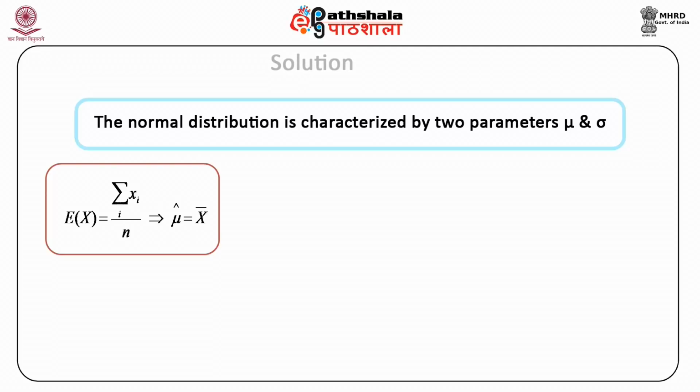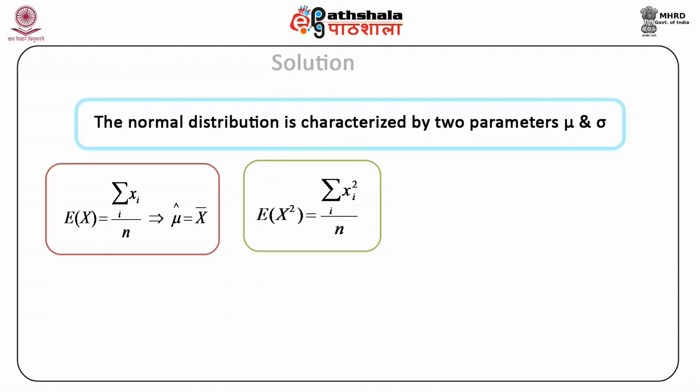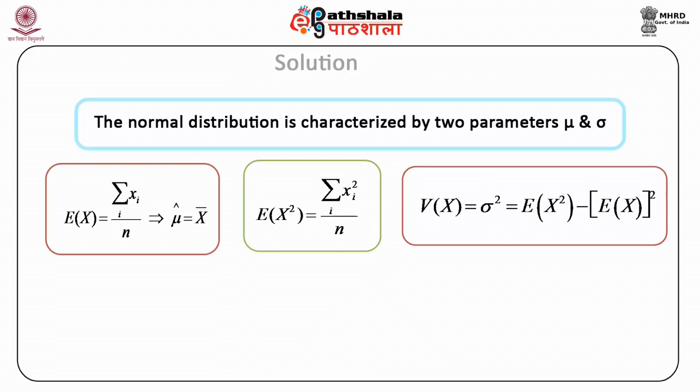The second equation is that expected value of x square is equal to summation xi square upon n. Now variance of x is equal to sigma square is equal to expected value of x square minus expected value of x whole square.